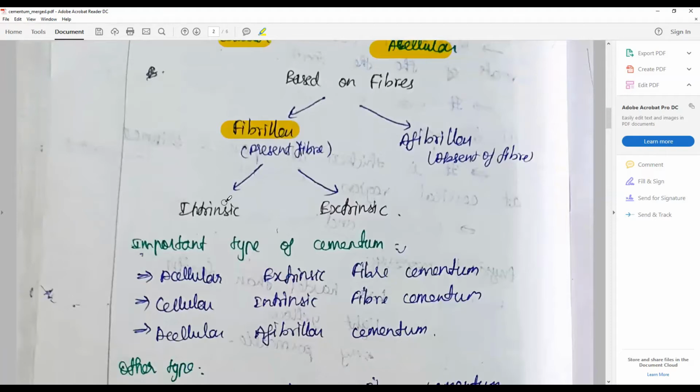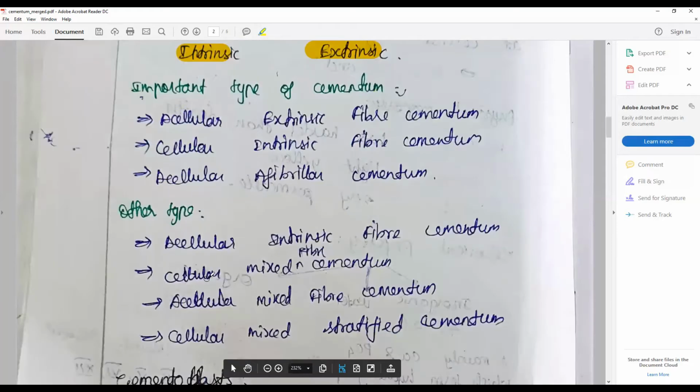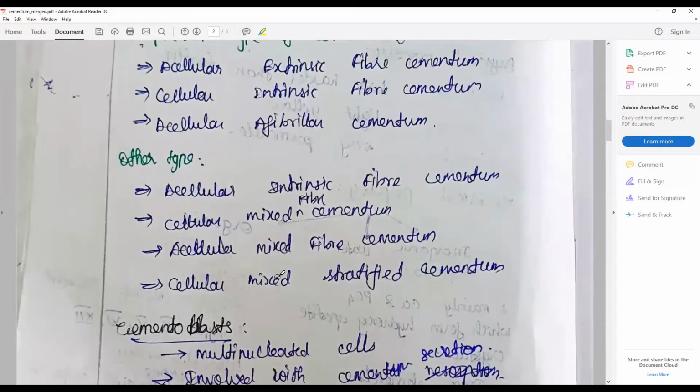The fibers are further classified as intrinsic fibers or extrinsic fibers. Intrinsic fibers originate and end within the cementum. Extrinsic when either of them are outside. So we have important types of cementum: acellular extrinsic fiber, cellular intrinsic fiber, acellular afibrillar, acellular intrinsic fiber, acellular mixed, and cellular mixed.